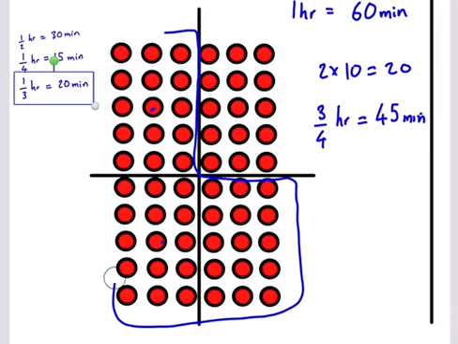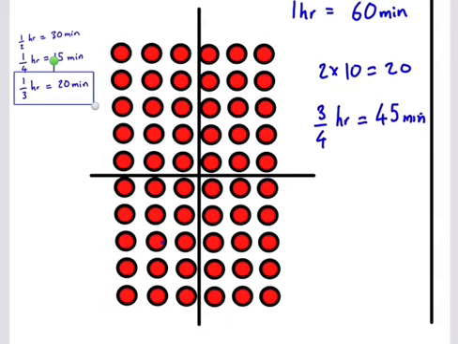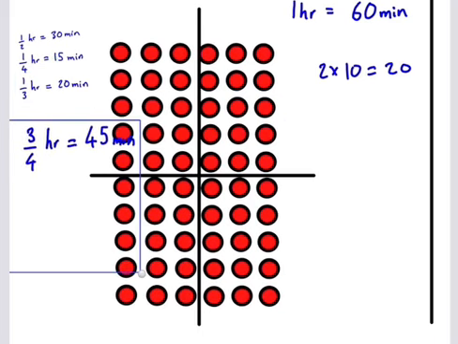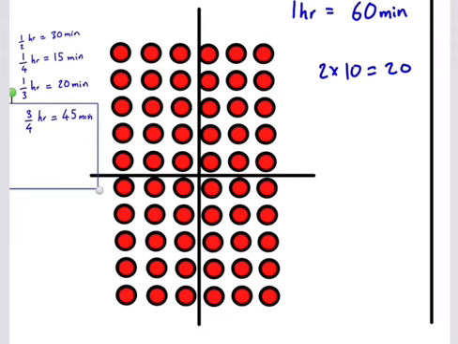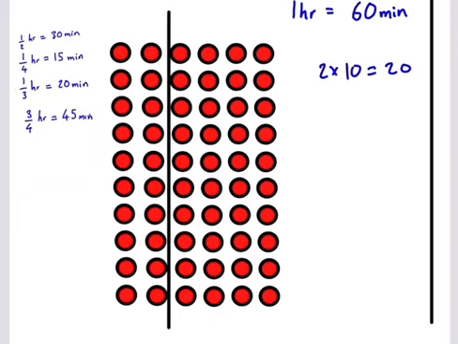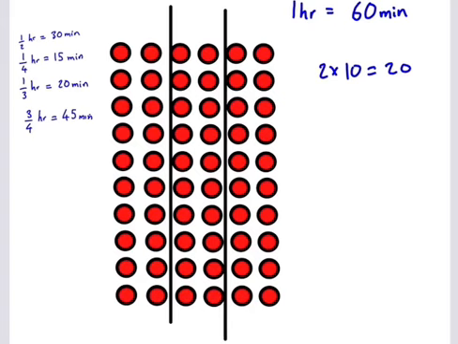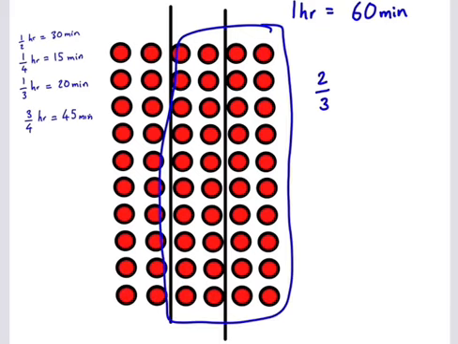And then going back to our third, if 1/3 of an hour is 20, then 2/3 of an hour equals, well, it's 4 times 10, it's 40 minutes.